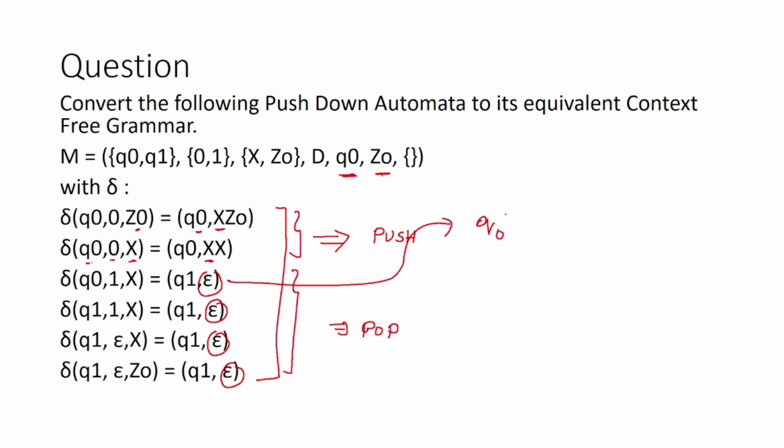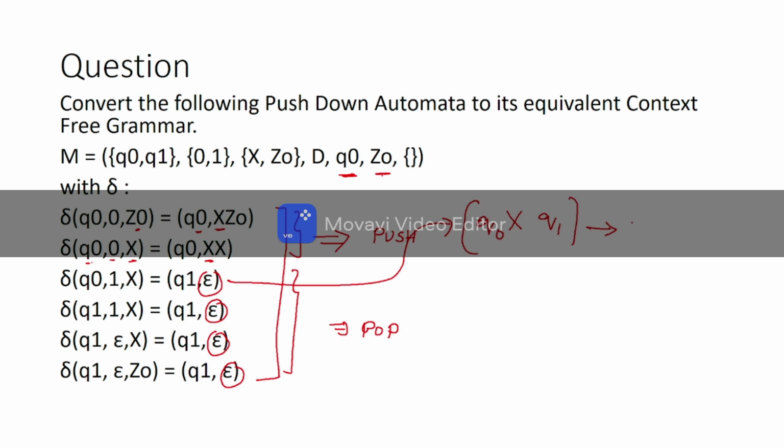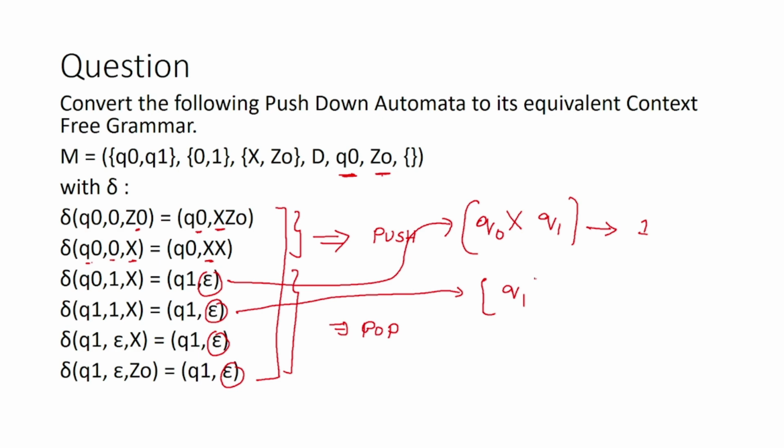When it starts, the top of the stack contains X and where it goes, Q1. Upon receiving which input it goes to Q1? 1. Similarly, for the fourth one, where it starts, Q1, and when it starts, what is the top of the stack symbol, X, and where it goes, Q1. Upon receiving which input it is transiting? 1.